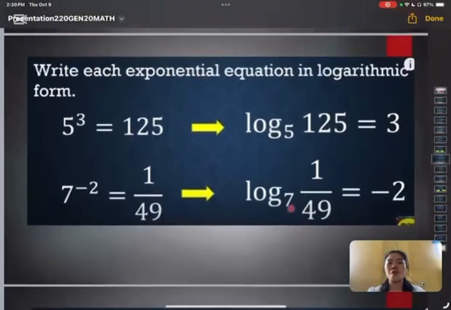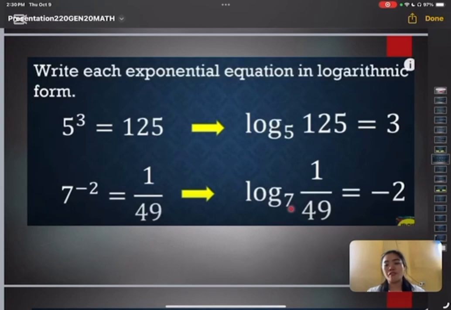Now let's have more examples. Write each exponential equation in logarithmic form. Now 5 cubed is equal to 125. For logarithmic form, that will be log 125 with base 5 is equal to 3.